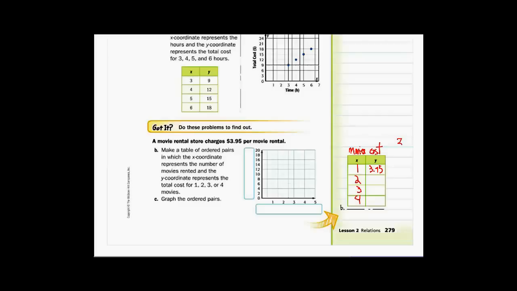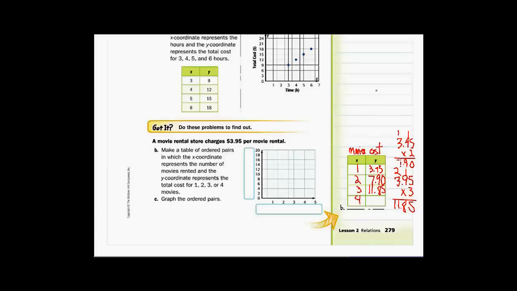For 2 movies, $3.95 times 2. That would be $7.90. For 3, you're going to take $3.95 times 3. $11.85.